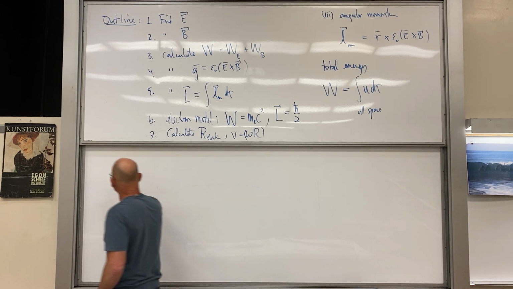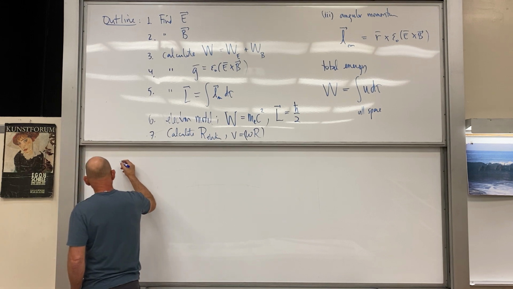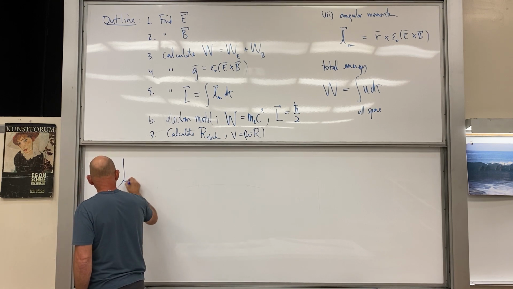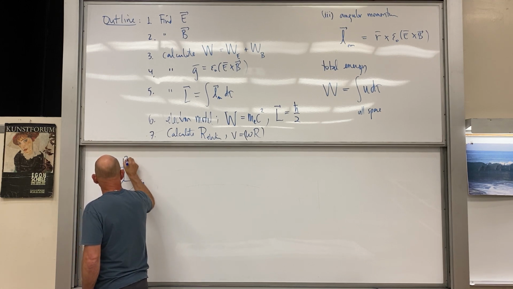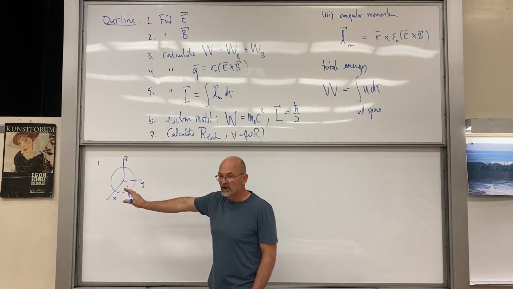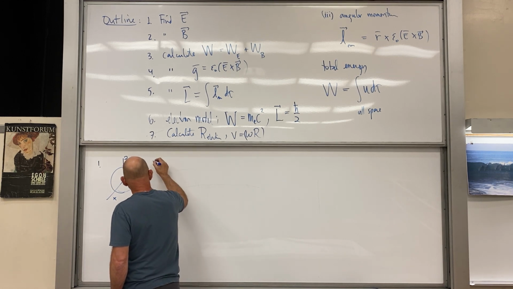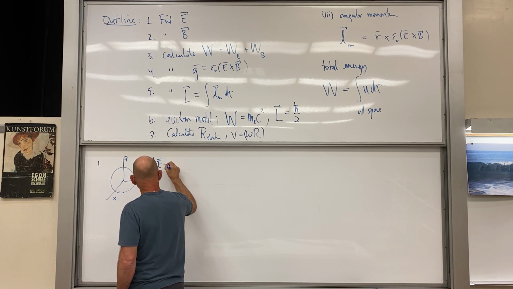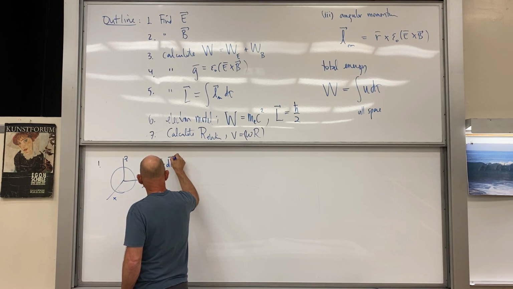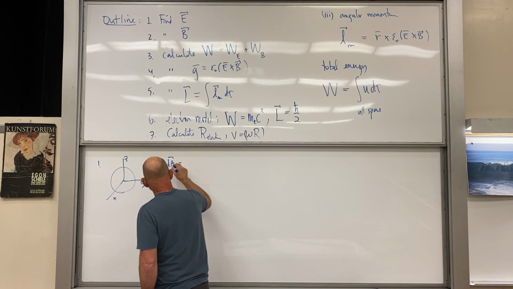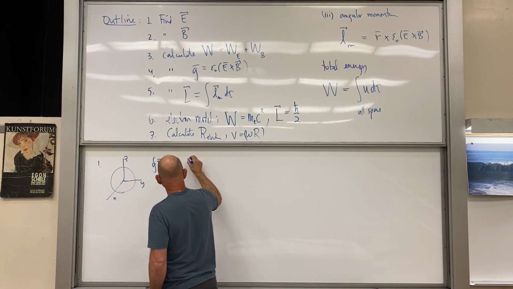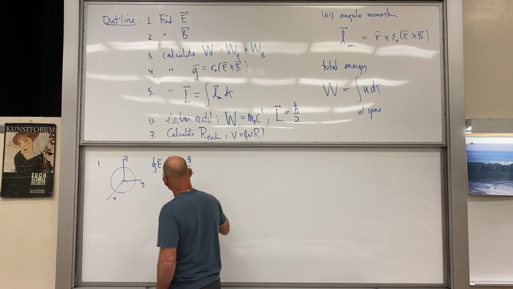So, electric field. Again, we've drawn this object slightly smaller now, centered on the origin, and just to remind us, E dot dA equals Q over epsilon naught.